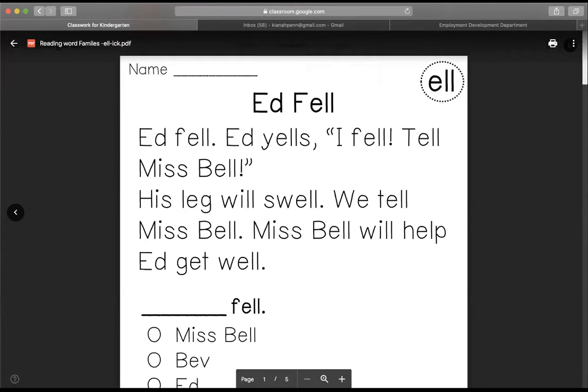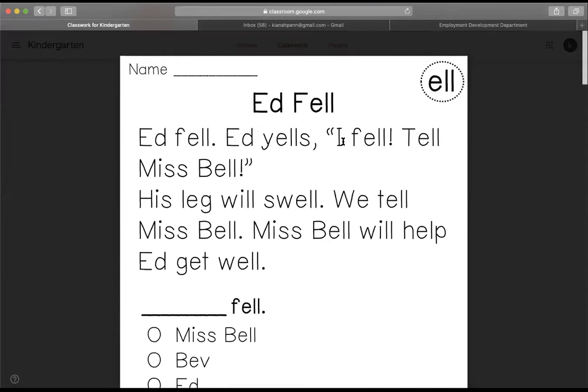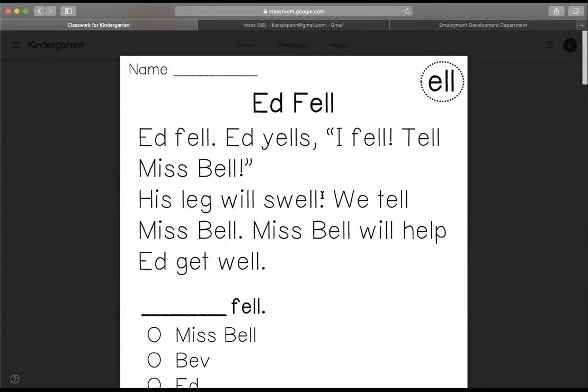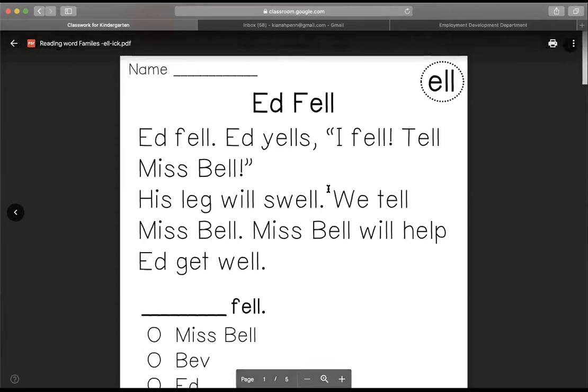So you can pick Gavin, you can pick Emmy, you can pick Tristan, Jax, Kyra, Parker, Alexa, Dylan. Alexa, then you're going to read to where it ends at swell. So to... What's that word? Spell it out. Tell.